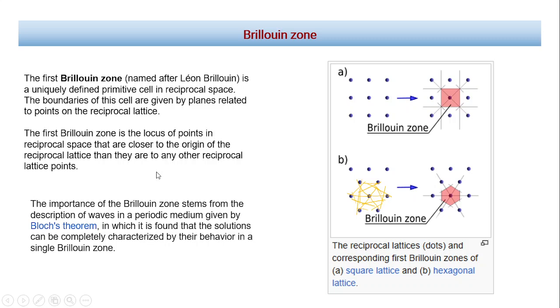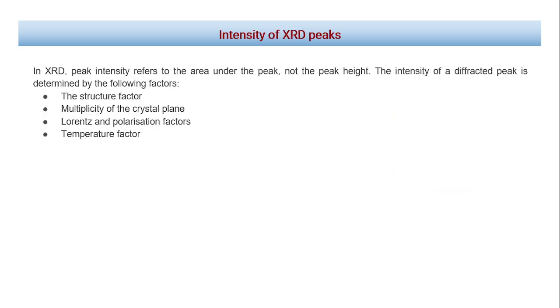After the Brillouin zone, the next thing we should discuss a little is the intensity of XRD peaks. We had earlier discussed what the use of an XRD experiment is, how XRD waves are generated, and why we use XRD waves for understanding matter and unit cells.